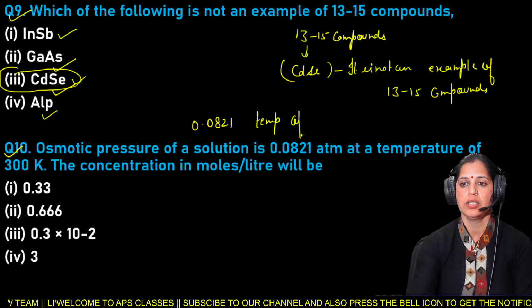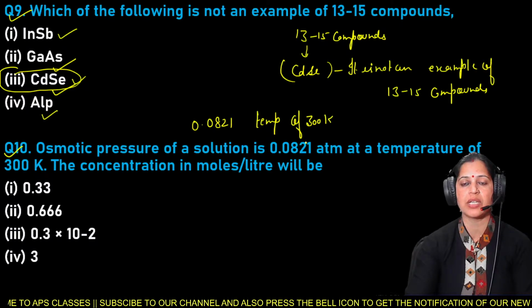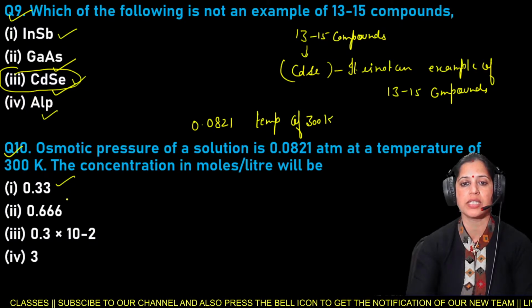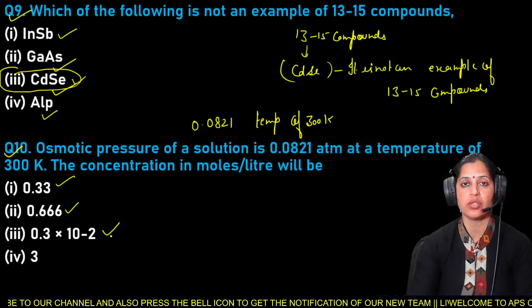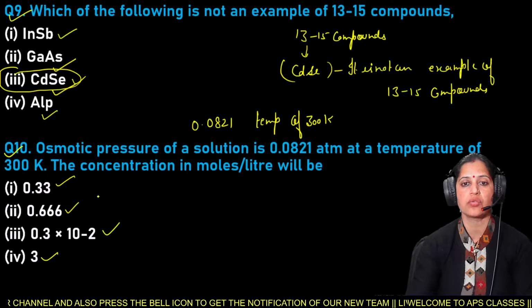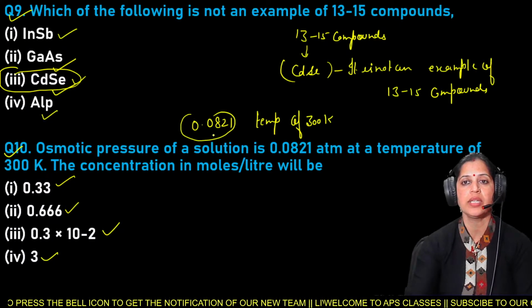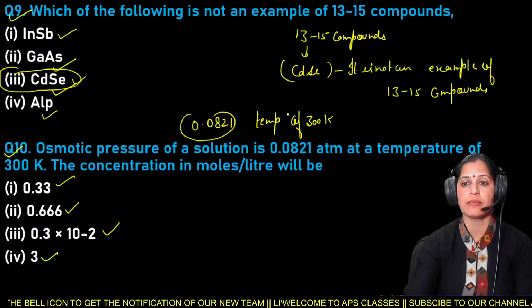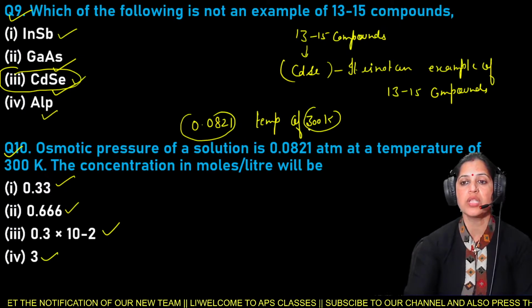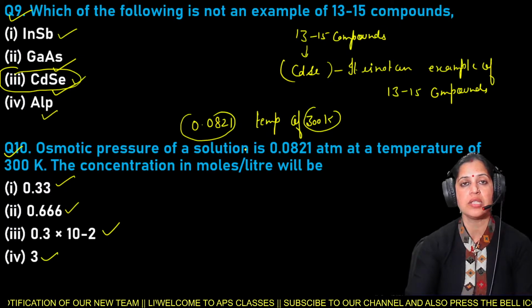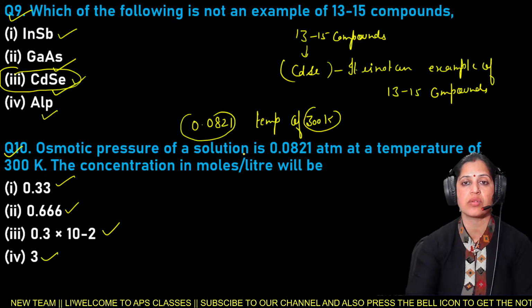Then the concentration in moles per liter will be either 0.33, 0.666, 0.3 into 10 raised to power 2, or 3.